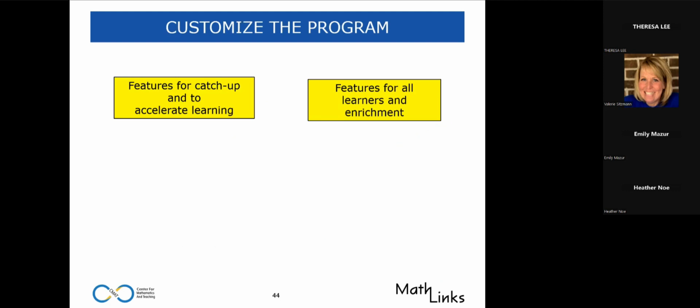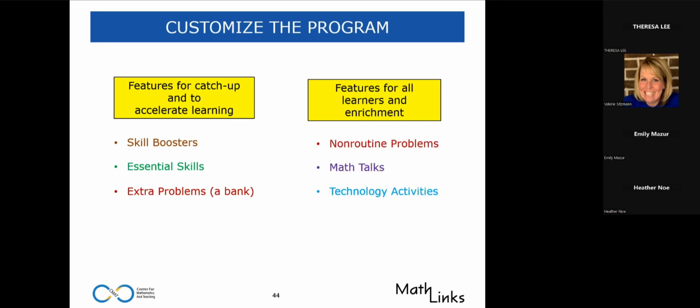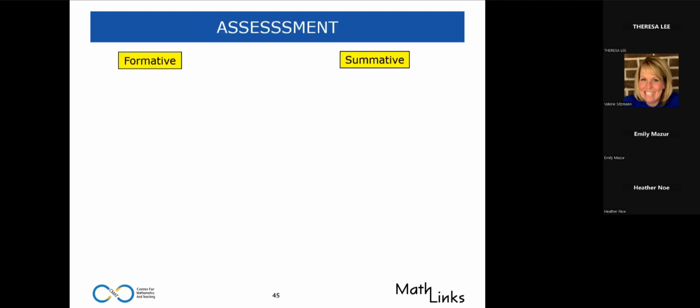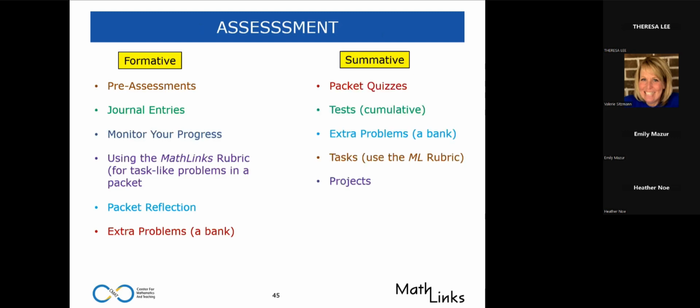On the website, you will find variety, such as these features for struggling learners, and these features for all learners. We've also taken quite a bit of time and care to create thoughtful and useful formative and summative assessments.